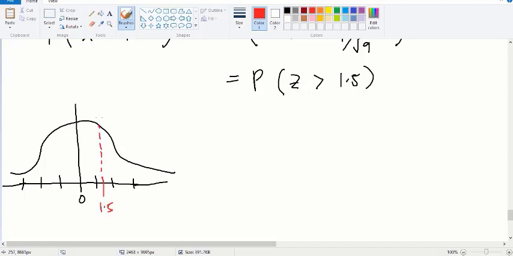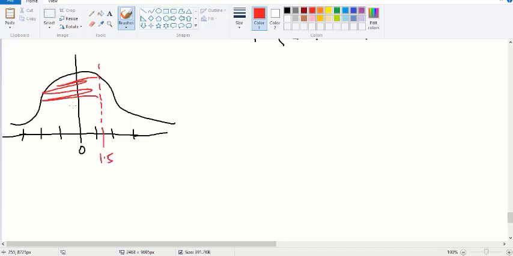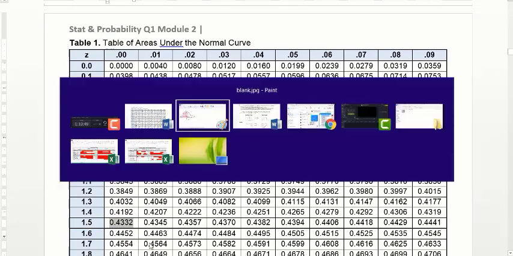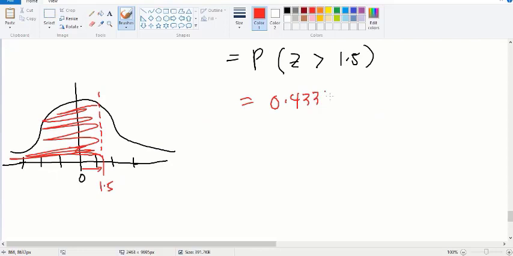So, ibig sabihin ang hinahanap natin is, ito palang hinahanap natin na area. Okay. So, find muna natin ano tong area ng 1.5. Ito siya, 0 to 1.5. So, coming here, 1.5 is 0.4332. Pero itong area na yan, ito lang yan eh. Diba? Kailangan din natin to. So, we all know that this is 0.5. So, i-add na lang natin yung 0.5. Tama man?